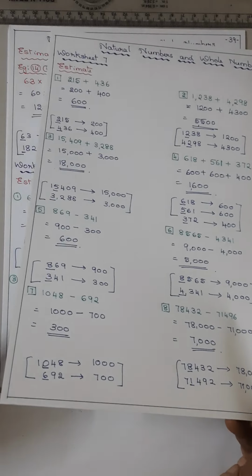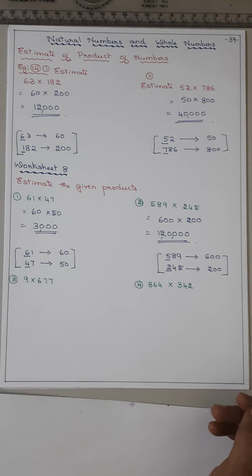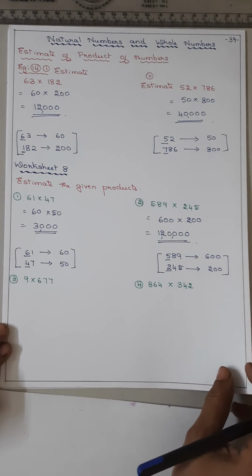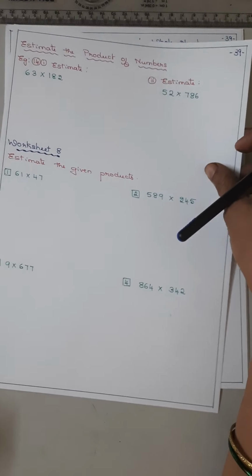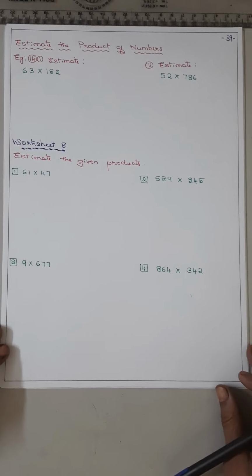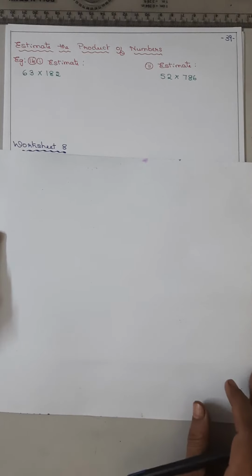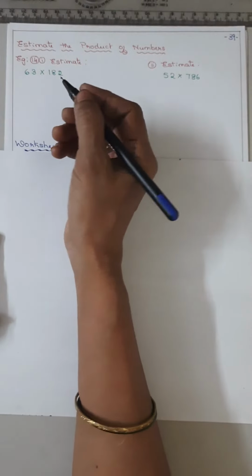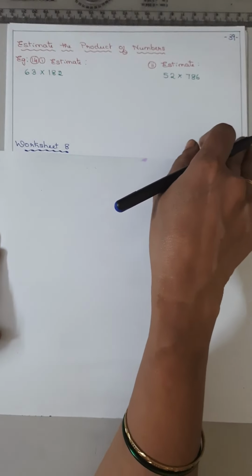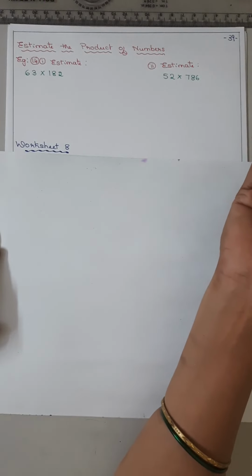Now coming to example 14, that is, estimate the product of the numbers. Example 14, 63 into 182. So first round offs. Here the method is a little bit different. So 63 is rounded off to tens and 182 is rounded off to hundreds.